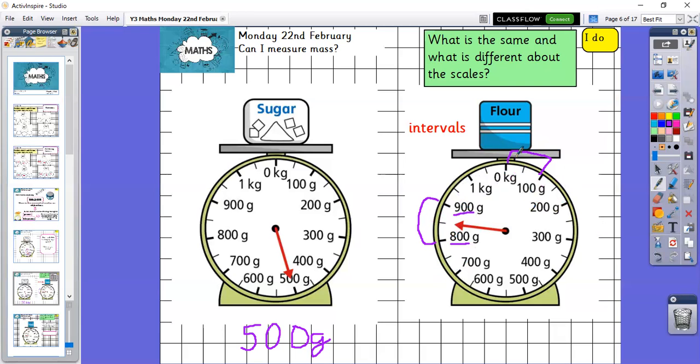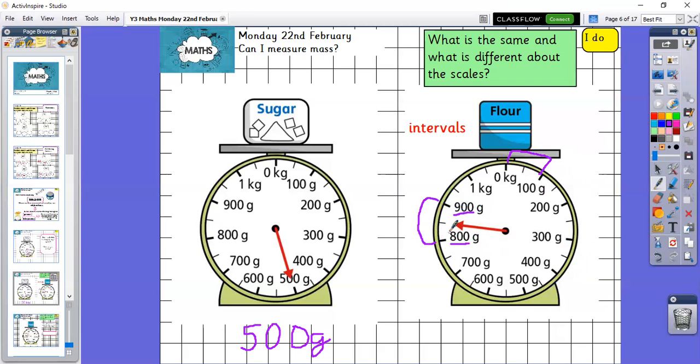And what I can work out is, between 0 and 100, what is exactly in the middle? Well, that's 50, isn't it? So if each of these little intervals is worth 50, what might this be? What could my answer be here? What could be the mass of this flour?